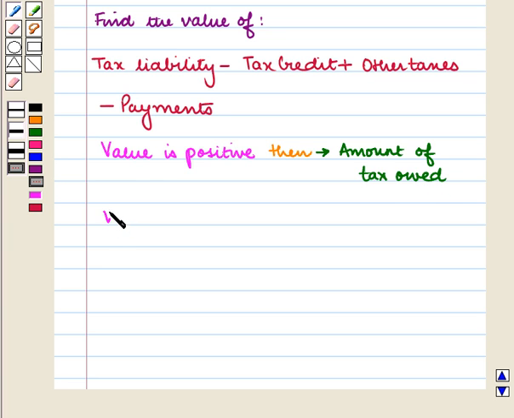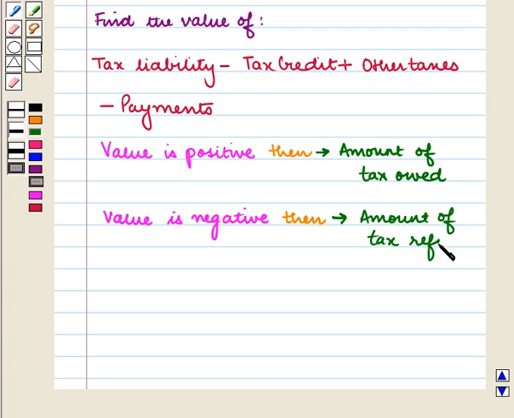If this value is negative, then it is the amount of tax refund, that is tax overpayment.